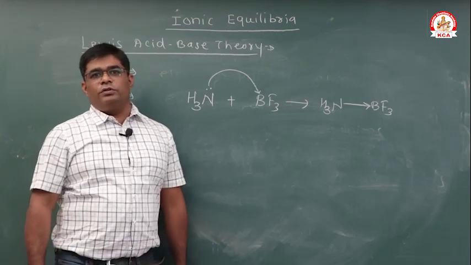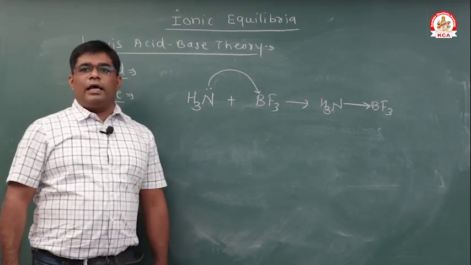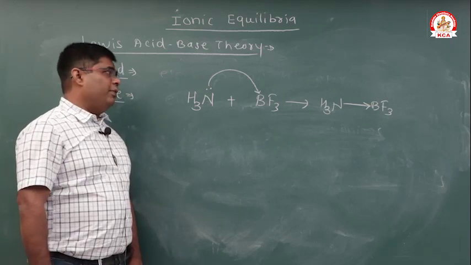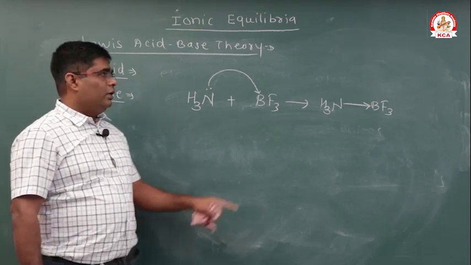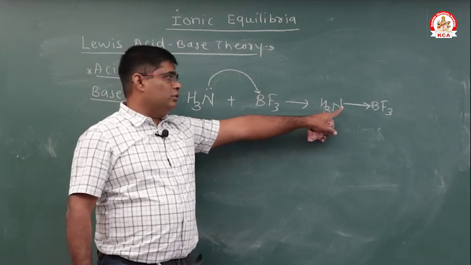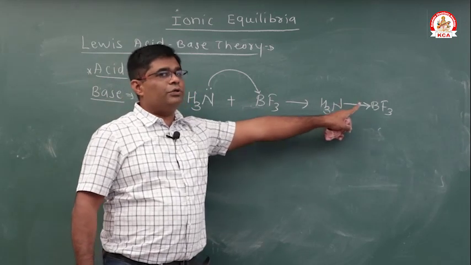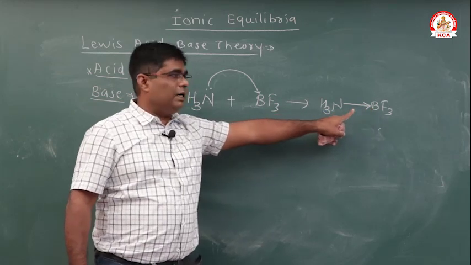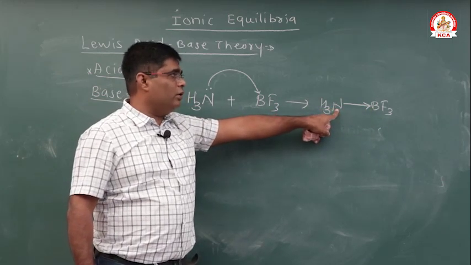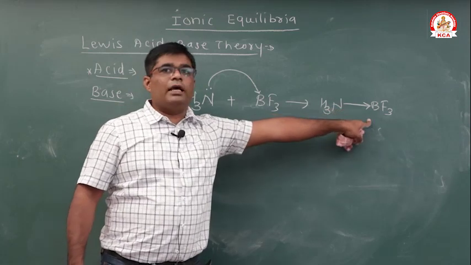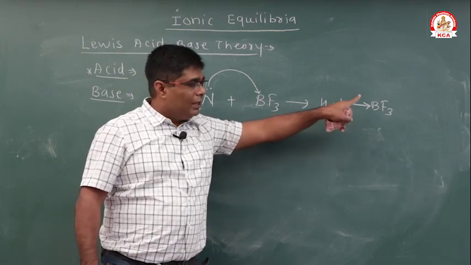So what is Lewis neutralization? Acid accepts the electron pair and base donates the electron pair to form the coordinate bond. This direction of the arrow shows that the electron pair goes from nitrogen towards boron. This means that NH3 donates this pair of electrons, Lewis base. BF3 accepts this pair of electrons, Lewis acid.